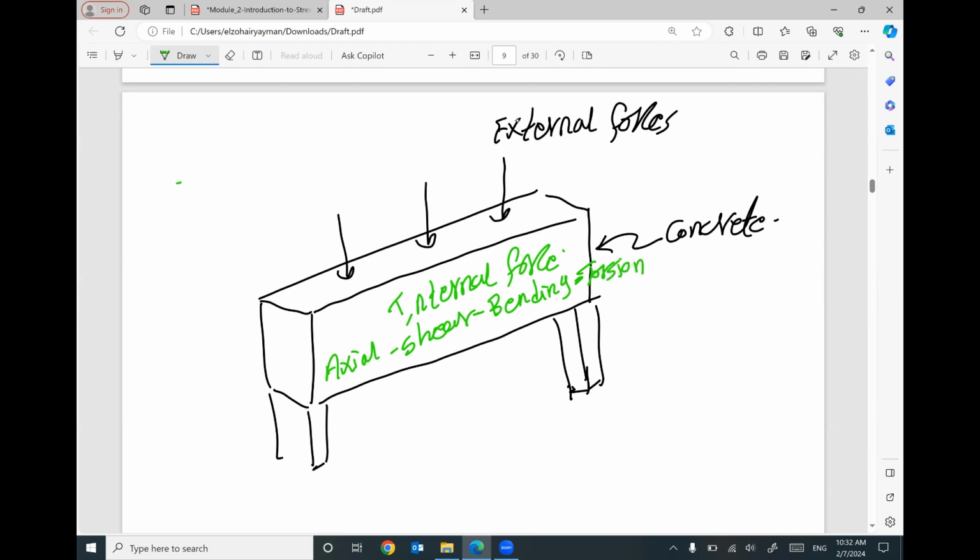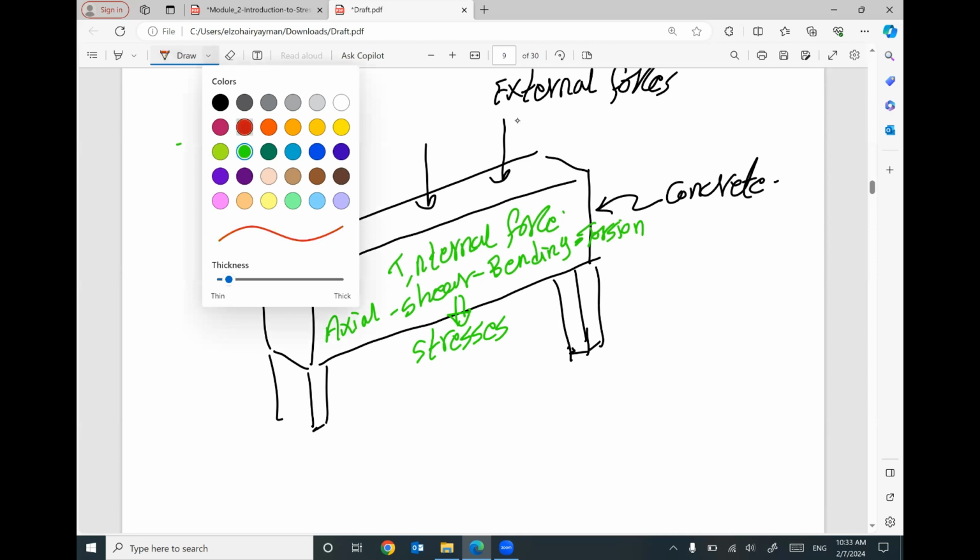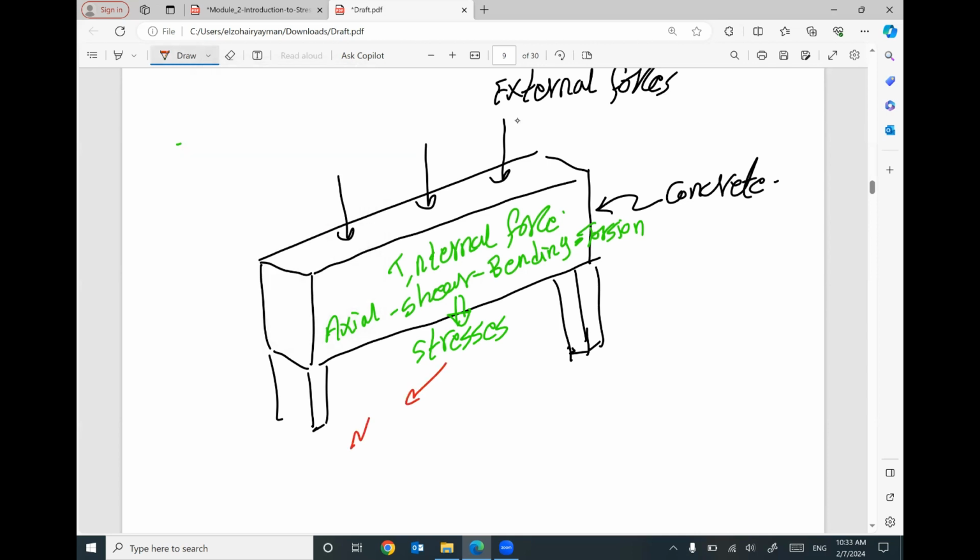These internal forces will cause stresses. Is it correct? We learned this. These stresses can be normal stress, which is called sigma, or shear stress, which is called tau.